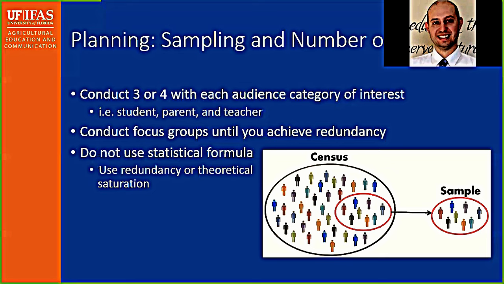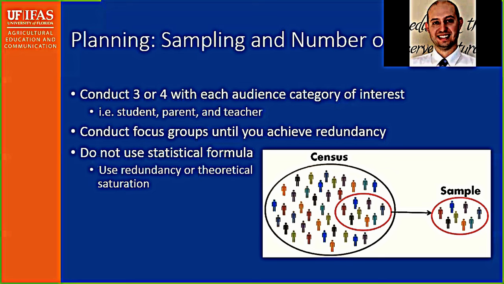Do not use a statistical formula for determining sample size. Instead, use the concept called redundancy, which is also referred to as theoretical saturation. With redundancy or theoretical saturation, as I mentioned, the researcher continues interviewing until no new insights are presented. That's really the key. You're not learning anything new. In effect, the researcher has exhausted the range of views on the topic.